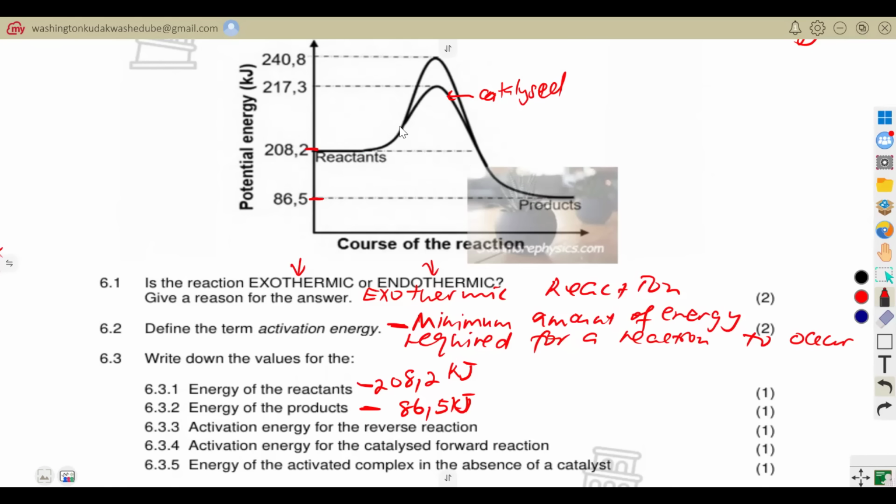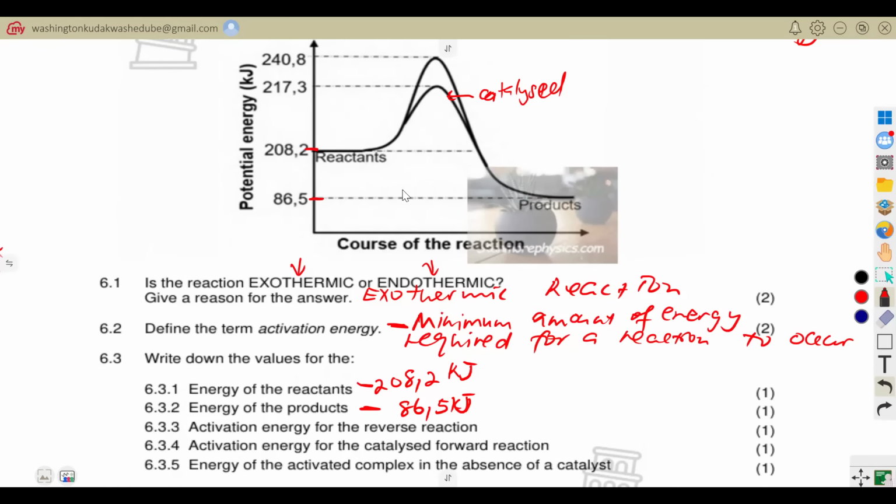So this one is uncatalyzed. That's why it has a higher peak, whilst this one has a lower peak, so it's catalyzed. When you are going in reverse from products to reactants, you will go through the uncatalyzed one, because catalysts are specific to the forward reaction. The backward reaction will not be catalyzed.